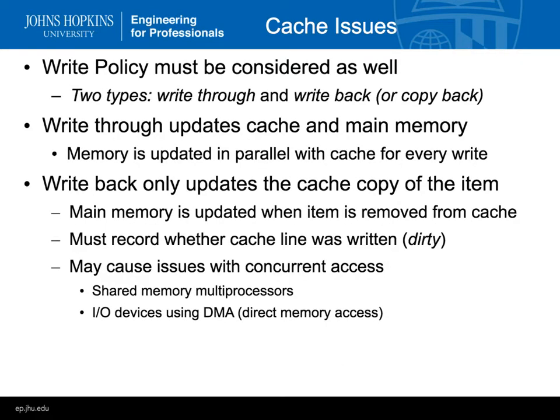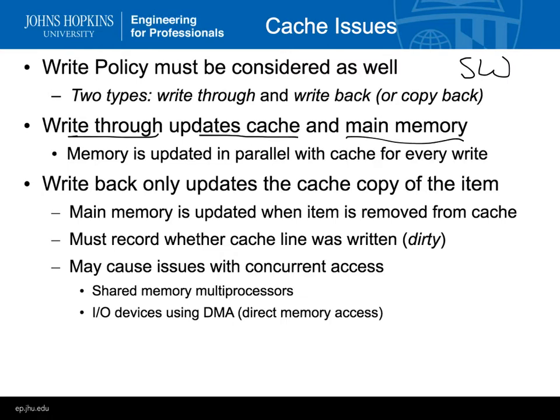So the other thing, because caches are used for reading and writing, so if we have a store word and we're writing to a certain address, what happens if we write to an address that's in the cache? So write through, if we're writing something that's in the cache, we update the cache and the main memory at the same time.